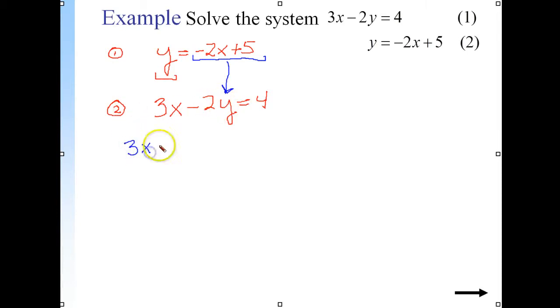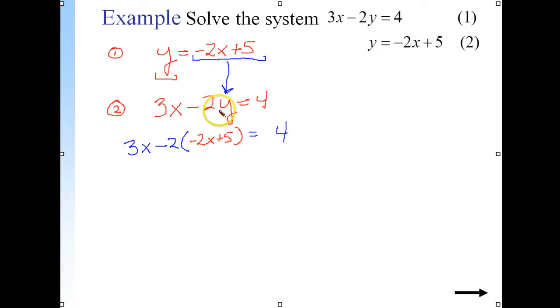Now our y here is negative 2x plus 5, equals 4.